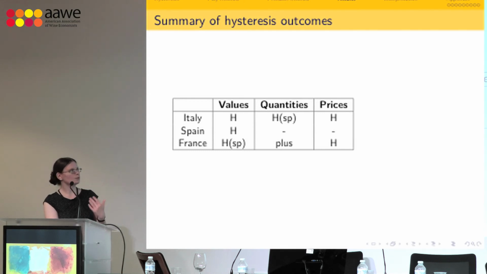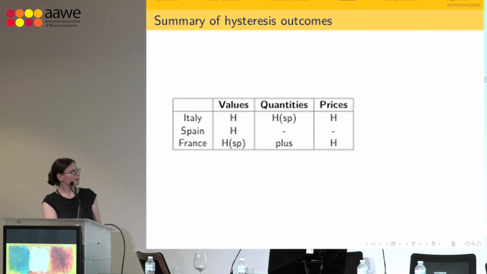So this was a theoretical paper, and I think it's very interesting because here we can say, okay, I found hysteresis just with the third method, though it may come from hysteresis in quantities or from hysteresis in the prices. In Spain I find hysteresis in values, but neither in quantities nor prices, so that's a very interesting result.